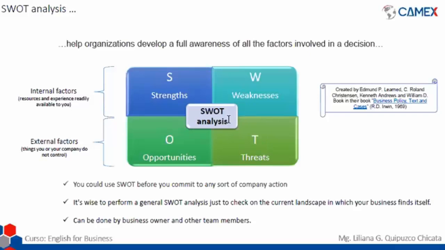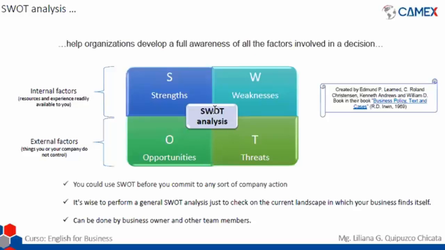In the middle will be the word SWOT analysis for the case that you are studying. Now, a SWOT analysis will help the organizations to develop an awareness on all the factors that are involved in a decision. So, if you're going to make a decision, you should make a SWOT analysis in order to have a full awareness of what's happening around you.